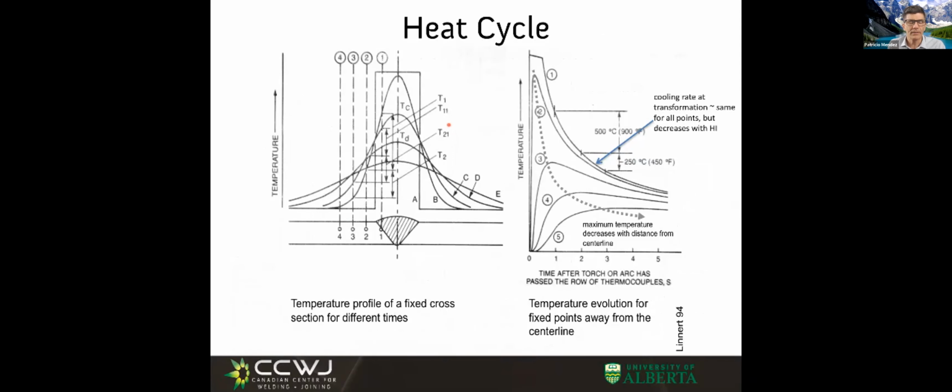So let's look now at the thermal cycle of the weld. We're going to spend one or two days talking about this in detail with formulas. But what do we see? You see this bunch of beautiful curves here that go from narrow and tall to shallow and broad. This would be the temperature profile at a given time.